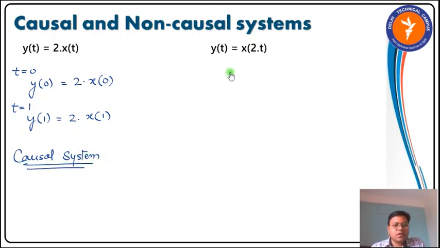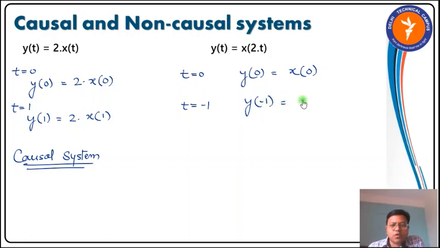Let us discuss this one. Let us take the instant t equal to 0. At t equal to 0, we have y(0) equal to x(0). Now this equation is saying that the present output will depend upon present input. And let me change the time instant to -1. If I change it to -1, I get y(-1) equal to x(-2).